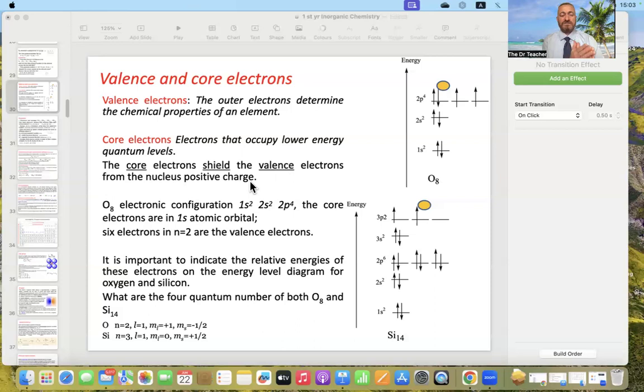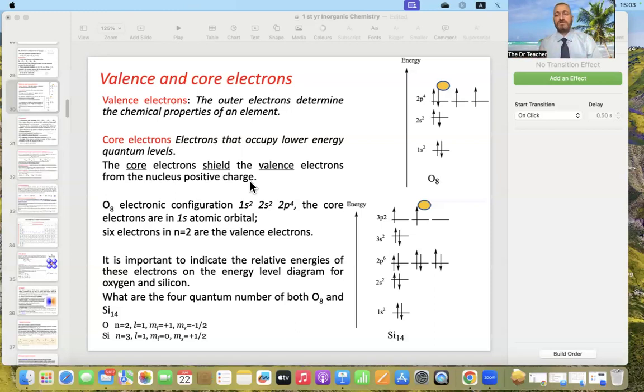So now we have a nucleus, we have electrons outside. The valence electrons are outside. In the middle will be the core electrons. These core electrons separate or shield the nucleus from the attack of the electrons, because the electrons are negative charge and the nucleus is a positive charge.